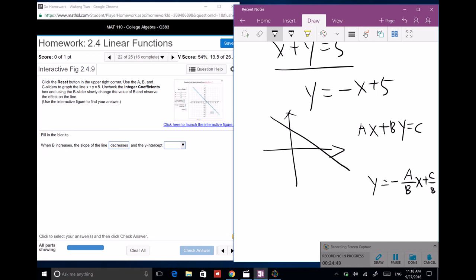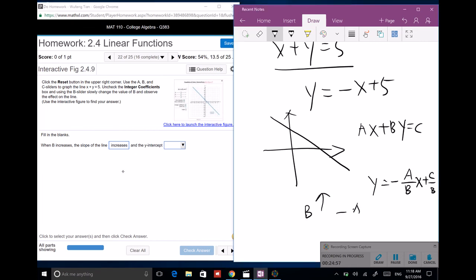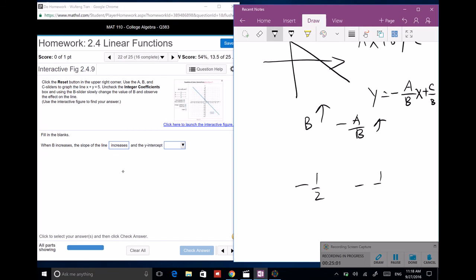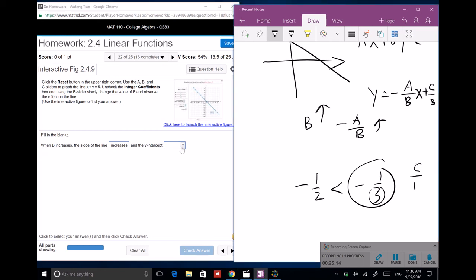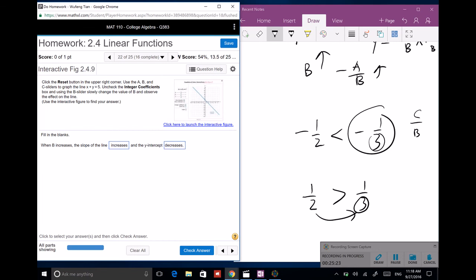If b increases, then the slope of the line increases. Negative a over b also increases, for example negative 1/2, negative 1/3. Negative 1/3 is bigger, because 3 is bigger but the whole thing is negative. And the y-intercept is c over b, but it's positive, for example 1/2 and 1/3. b is increasing to 3, but the whole value is decreased, okay?